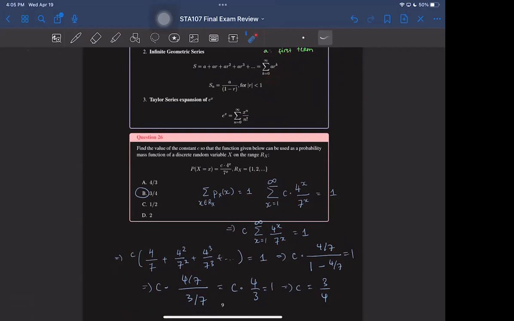Does it make sense? Like this whole thing, you can write it as the summation of 4/7 r to the power of k, where k starts from 0 to infinity.